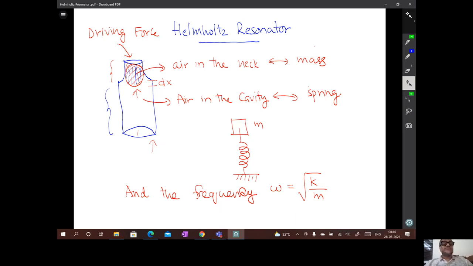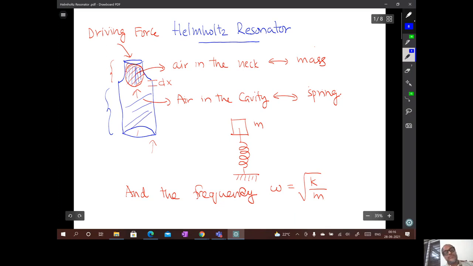Now I have symbolically drawn a figure of a bottle here, and this is the bottle. There is a neck here, and in that neck there are some air molecules, and that air has some mass, right? So that mass is called acoustic mass.